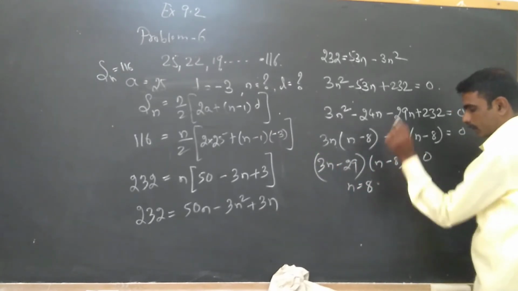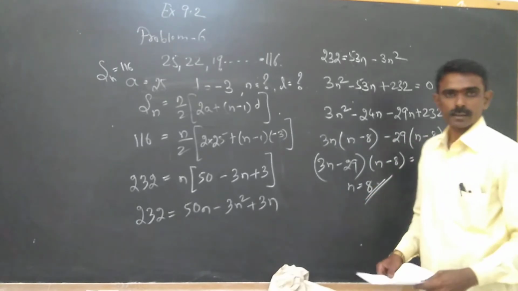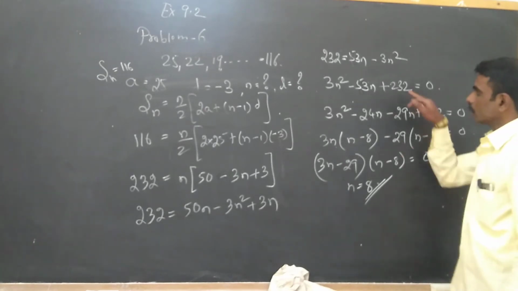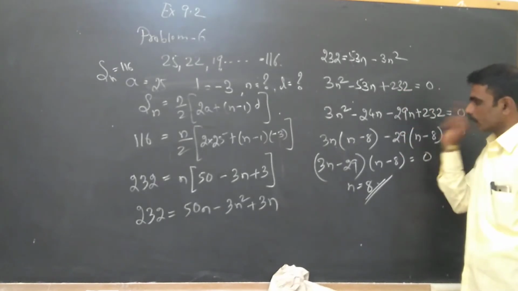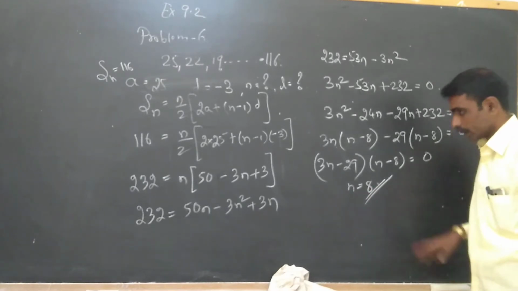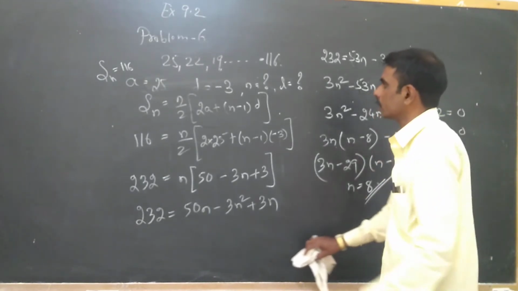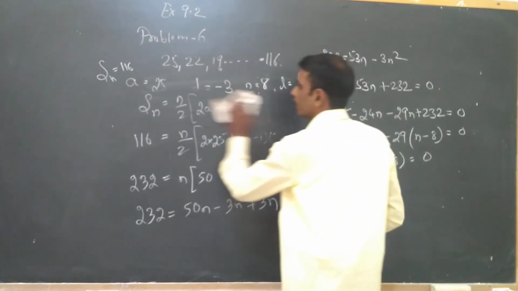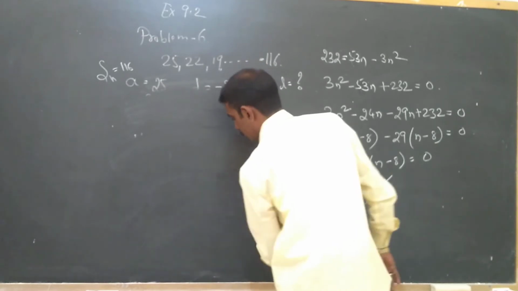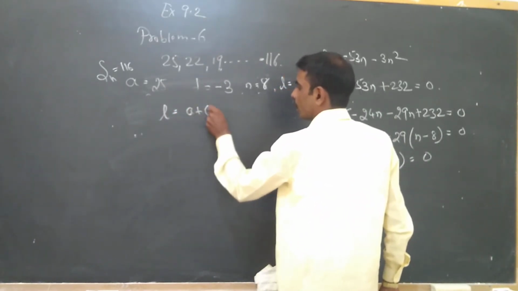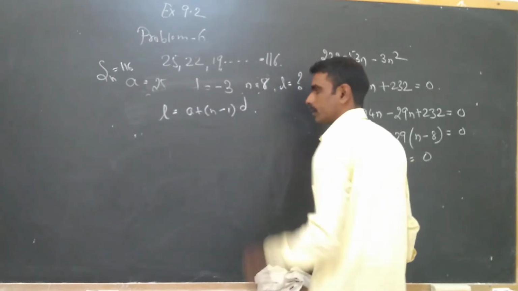So the value of n is 8. You have to solve this quadratic equation, and the value of n that you get is n equal to 8. Once you get n as 8, now I will apply the Tn formula, that is the last term, equal to a plus n minus 1 into d.